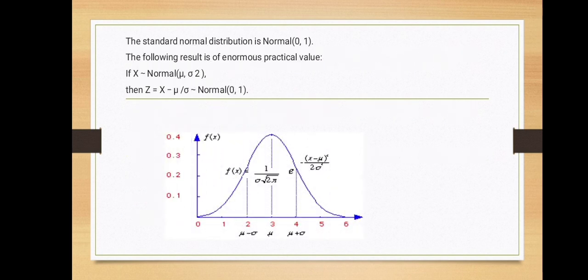And the next, the standard normal distribution is normal (0, 1). The following result is of enormous practical value. If x ~ normal (mean, standard deviation squared), then z equals x minus the mean, divided by the standard deviation, is normal (0, 1).